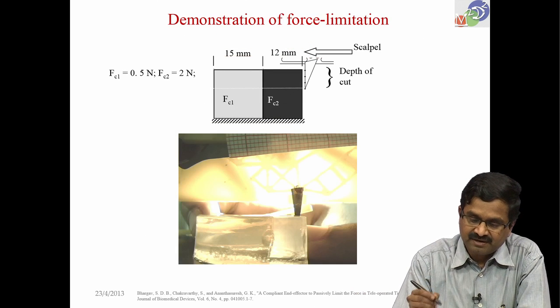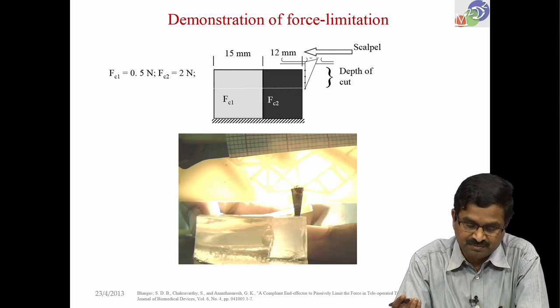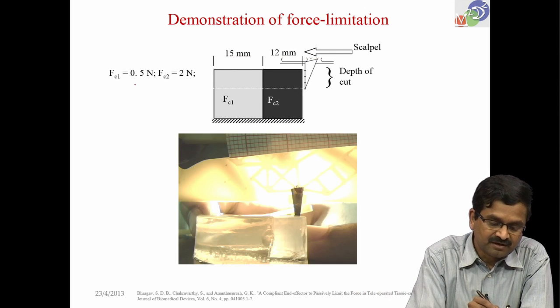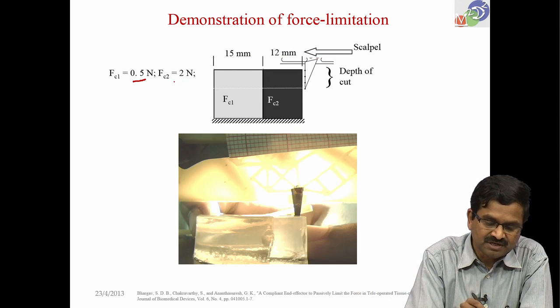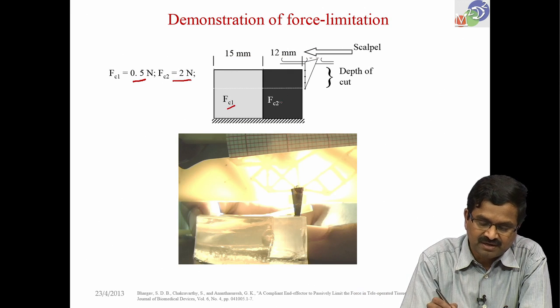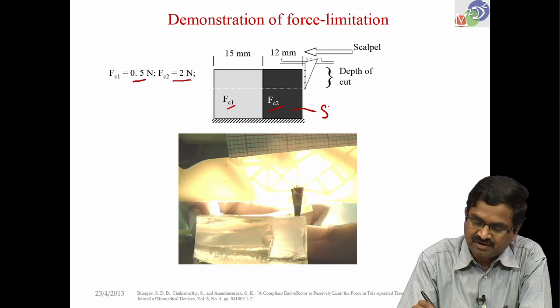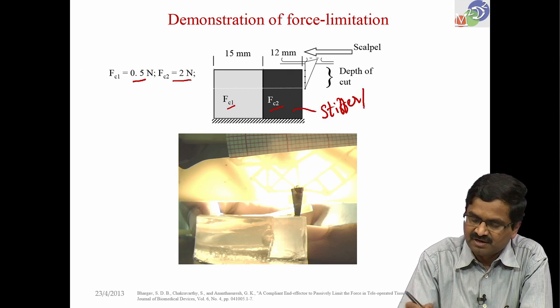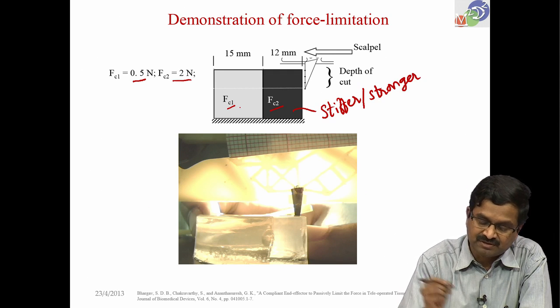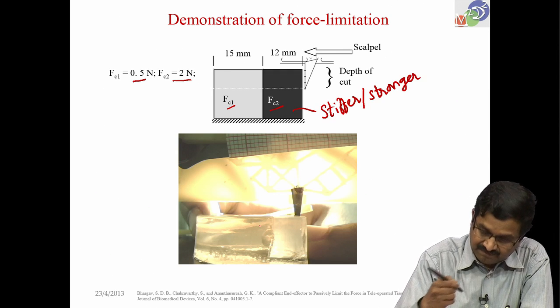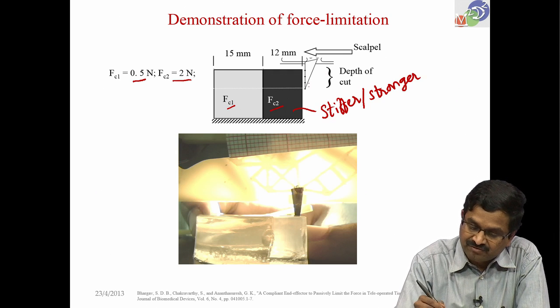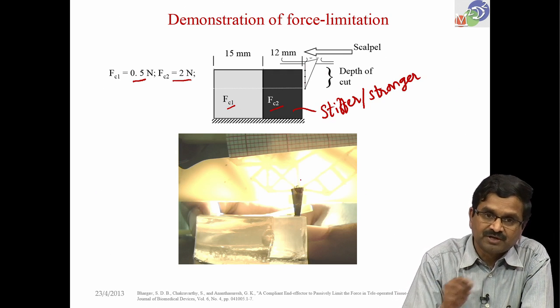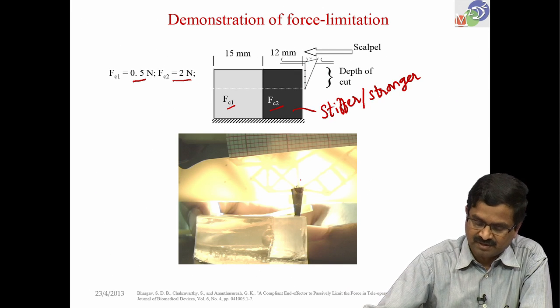We made a specimen that has cutting force required 0.5 newtons and 2 newtons, FC1 and then FC2. That means that this is a little stiffer or stronger part compared to this light one. When we are cutting, how it would go at different depths of cut is what we can use the model to verify.